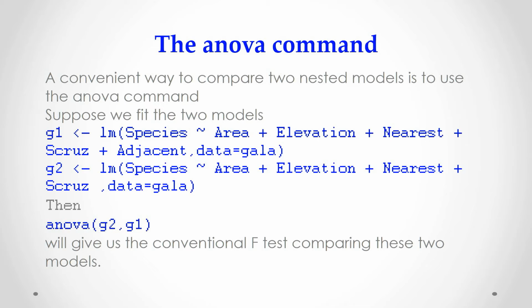Then G2 is nested in G1 in the sense that G2 is a special case of G1 in the case when the coefficient of adjacent is 0, and we can compare the two models using anova(G2, G1).